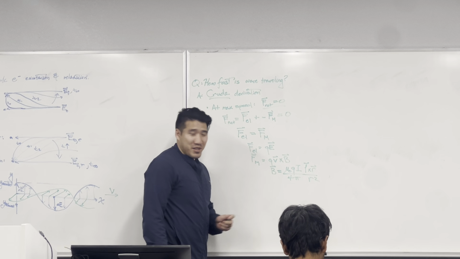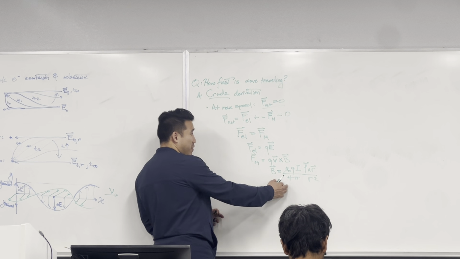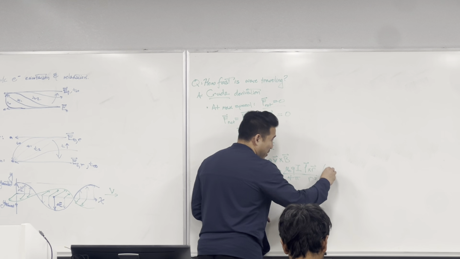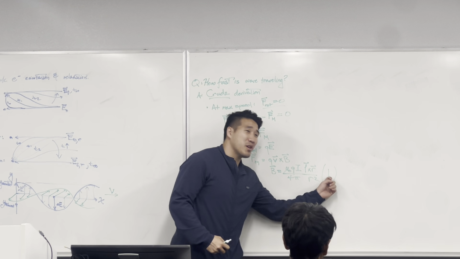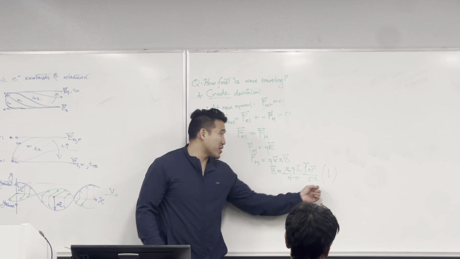Now this looks like a doozy. You're just going to have to take my word for this. But it's not in a form that we like, and we can always remind ourselves that you can multiply this expression by 1 without changing the identity.